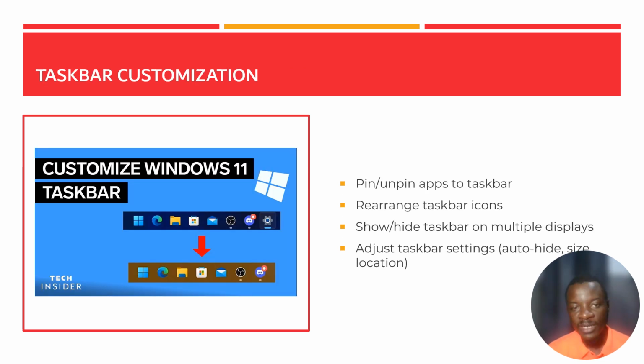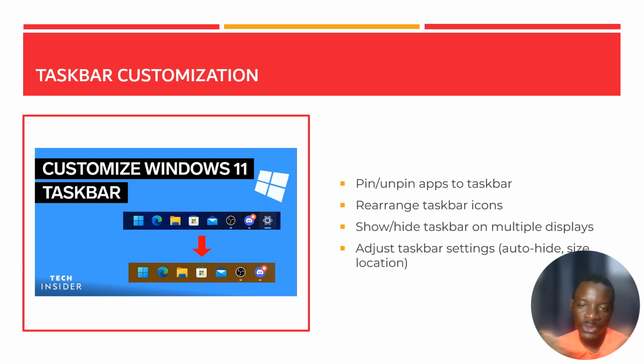Then you have your taskbar, which is your prime real estate on your screen. Let's look at how to make it work best for you. On the taskbar, you can pin and unpin apps to your taskbar. You can rearrange the taskbar icons. You can hide or show your taskbar on multiple displays.